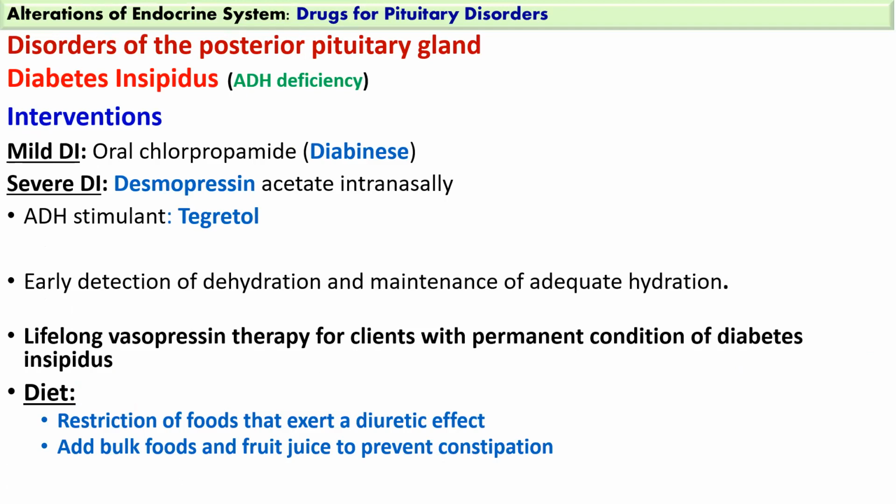For example, mild diabetes insipidus will be treated only with the oral diabinase tablet. Severe DI will be treated with desmopressin acetate intranasal spray.